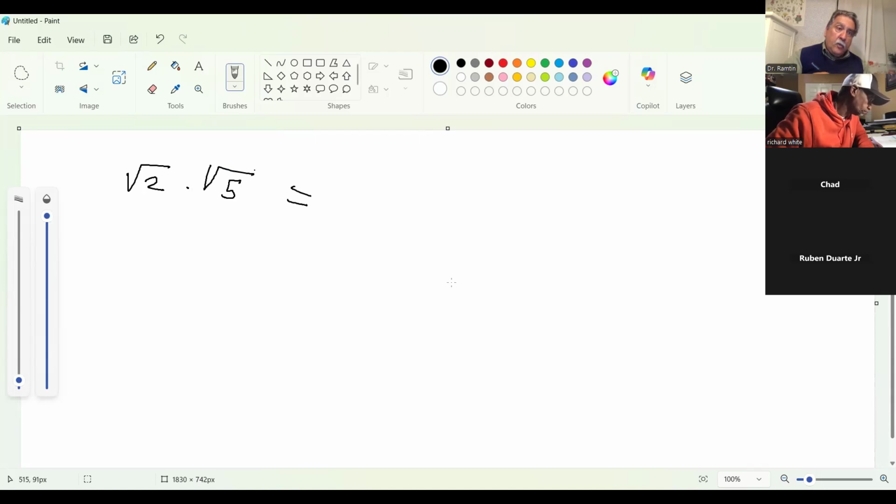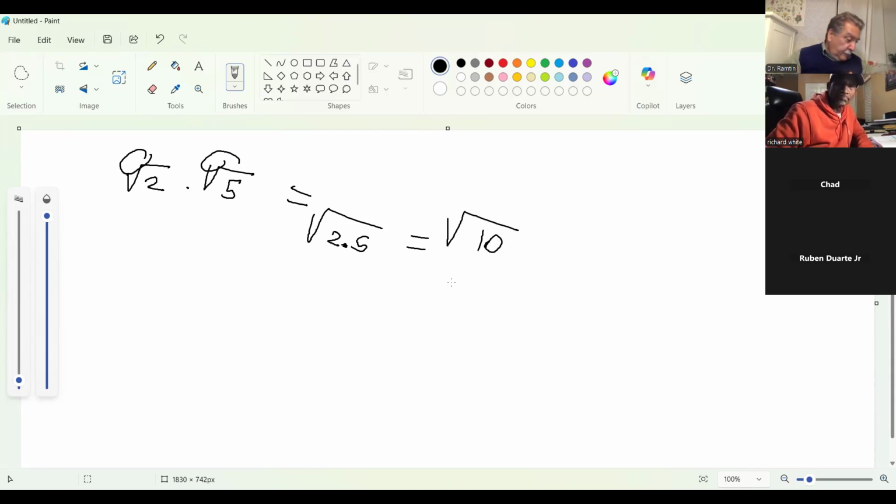Again, this means 2, this means 2, so we can write it as the square root of 2 times 5, which is equal to the square root of 10. We cannot simplify, so that's the answer.